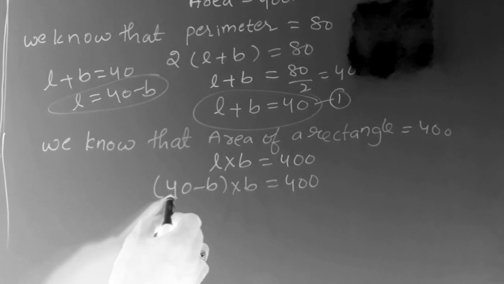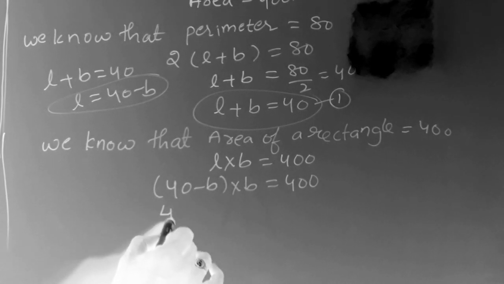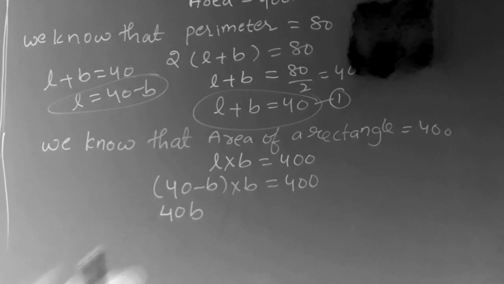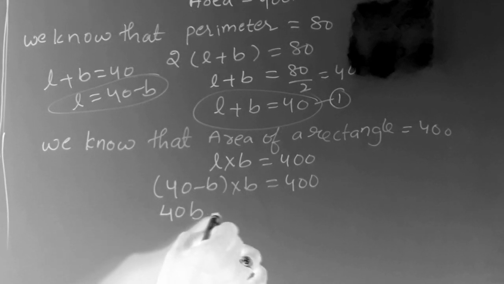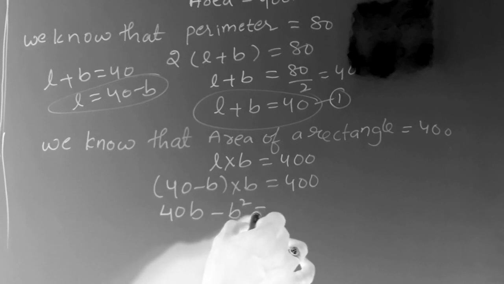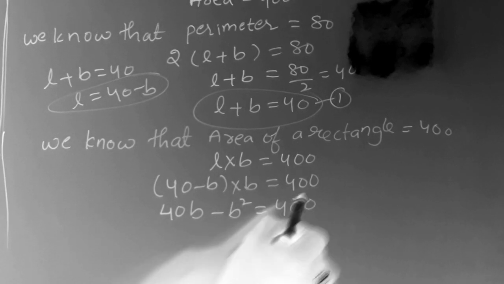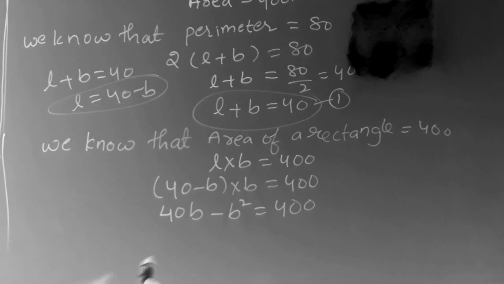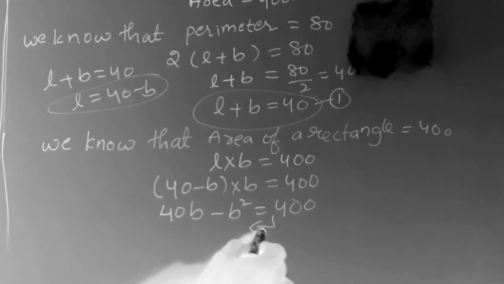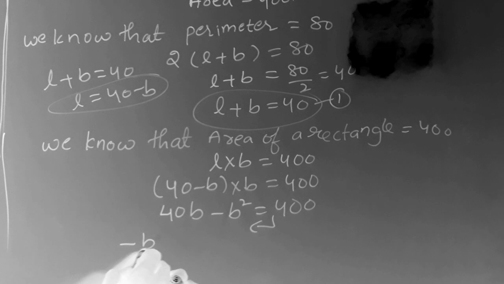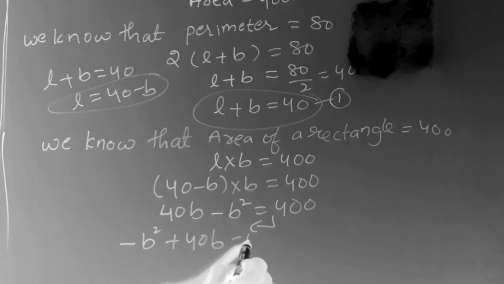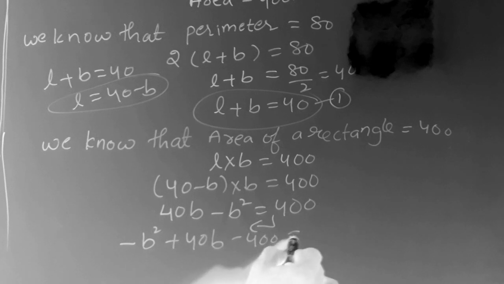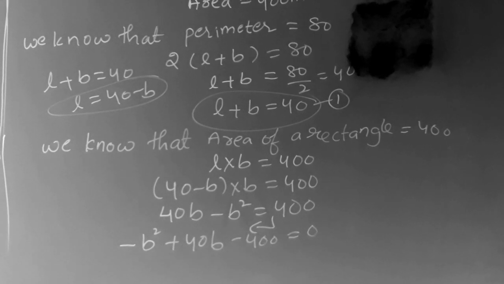Now here multiply: 40 into B is nothing but 40B, minus B into B is nothing but B square, that is equal to 400. In the next step, bring 400 to the left side: minus B square plus 40B minus 400 is equal to 0.